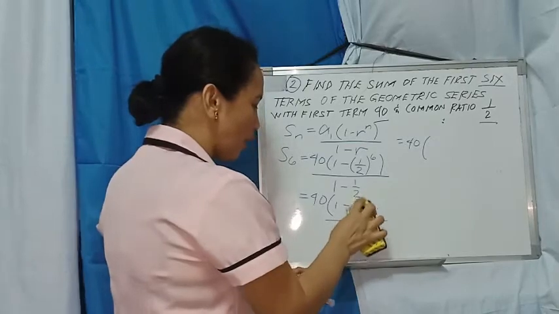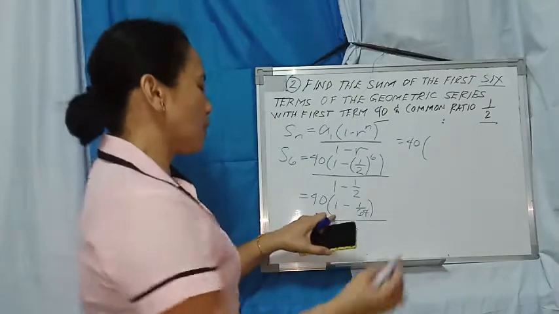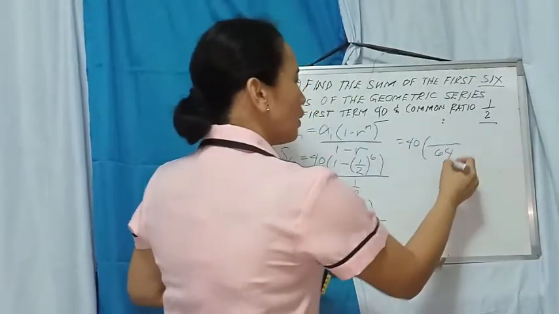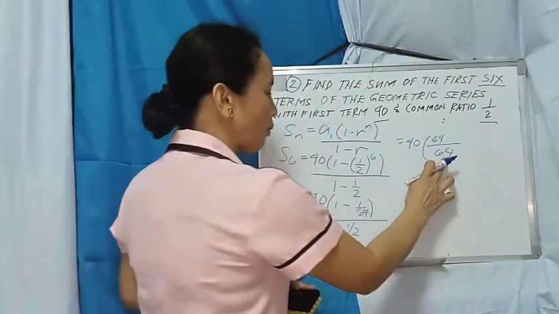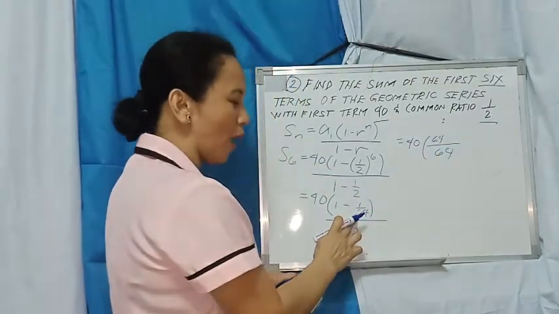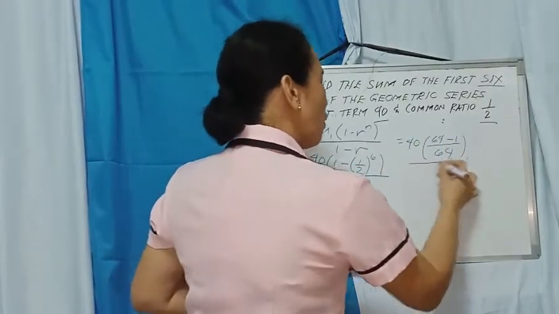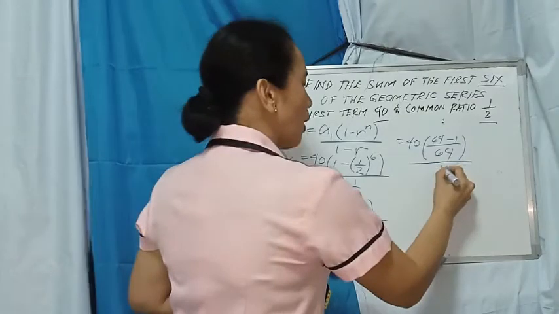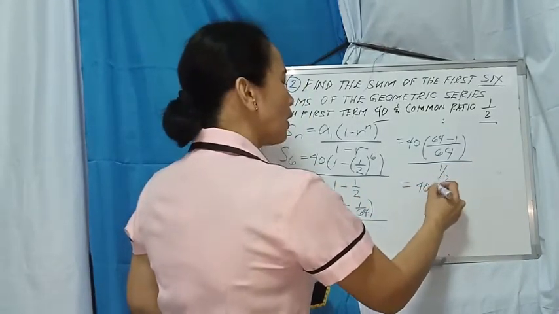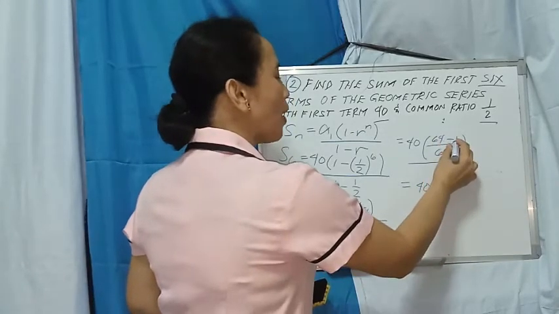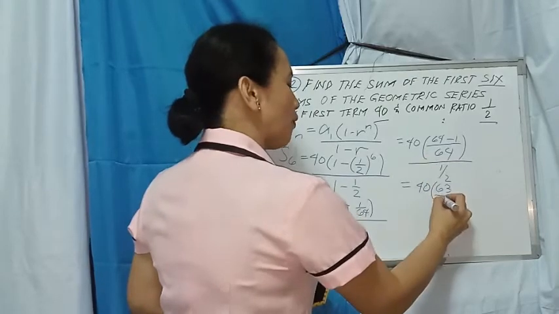We are solving the difference. So that is 64. 64 times 1, that is 64. 64 divided by 64, that is 1. Times negative 1, that is negative 1. All over, again, 1 half, and then is equivalent to 40 times 64 minus 1, that is 63 over 64.